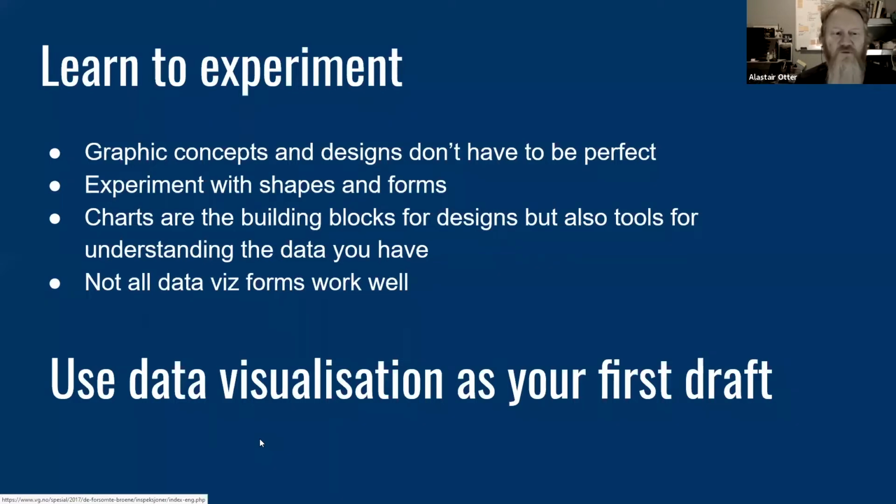And I think that there's a role for much more basic formats and basic things. So the concepts and the designs that you may use in the process of investigating your stories don't have to be perfect. They can be rough. They really are the first drafts, as I've got at the bottom there, of your working information. And we'll talk a little bit about what that actually means.